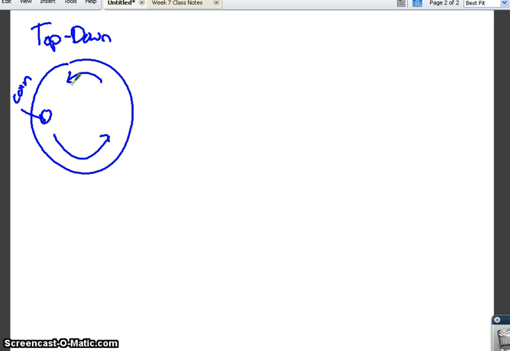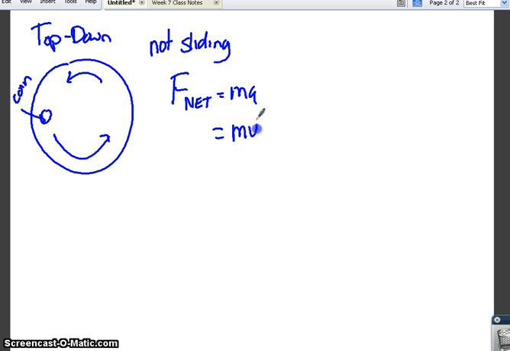Well, it is rotating around and it is not sliding. It is staying in the same spot. It is just going in a circle. How do we set that up? Well, F net equals ma, F net equals mv squared over r, because it's moving in a circle.